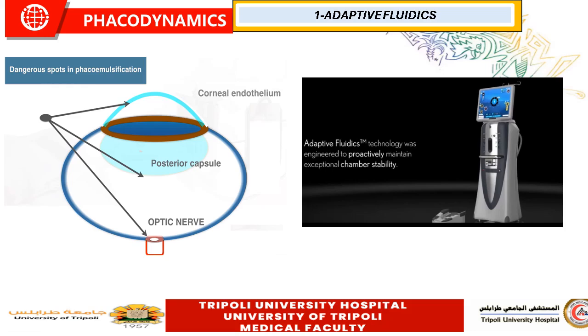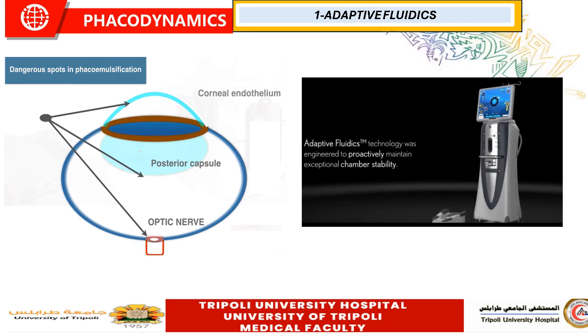However, in the Bausch and Lomb, it proactively reacts, so it anticipates the occurrence of surge and reacts accordingly. It doesn't let the surge happen. The advantage is that it will keep the pressure within the anterior chamber high, and this will keep a deep anterior chamber and maintain stability of the anterior chamber during the whole procedure.